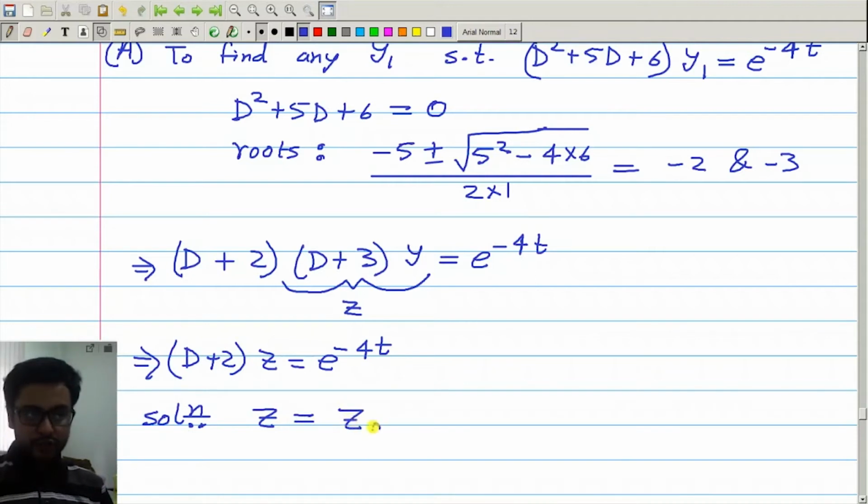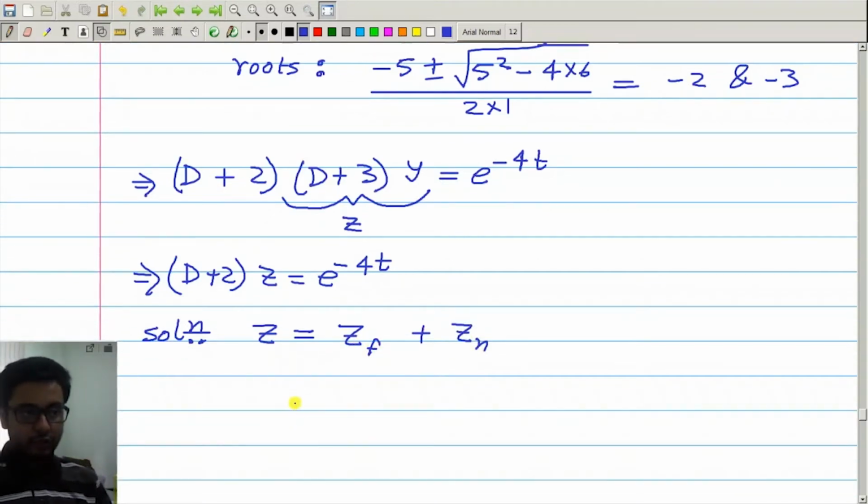two parts: forced response plus natural response, where this forced response will be a polynomial multiplied by the same e to the power minus 4t, and since here minus 4 and this minus 2 they are not equal, then the polynomial that we will get here will be of same degree as the polynomial in the input.